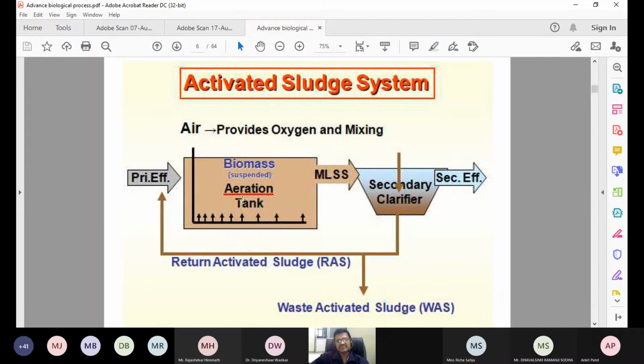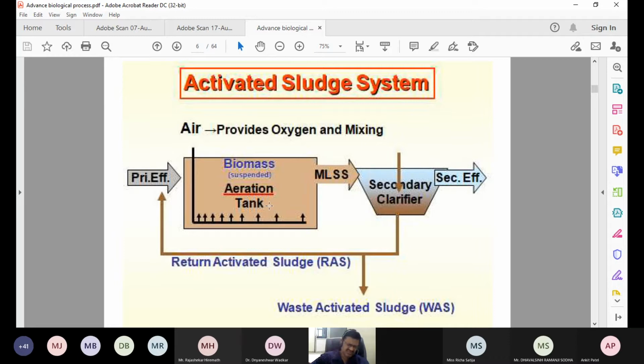But we have to see that we are consuming oxygen also. So oxygen content must be there, and where are we providing it from? From the outside we are providing air, and air is not free, because it is compressed air. Compressors or blowers are providing the air.